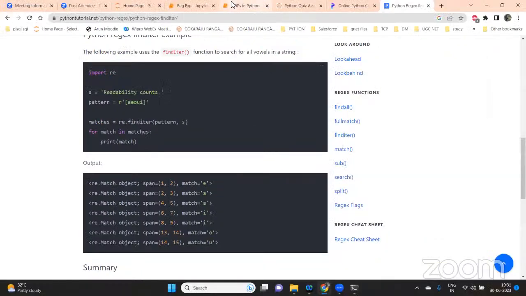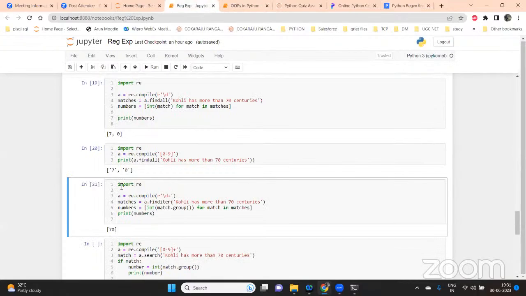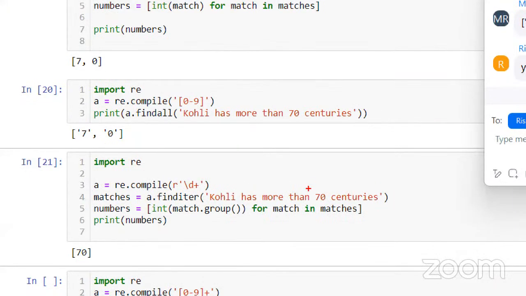So the same concept I have applied here, correct? I want to find out all such instances. This will give me separate values, for example 7 and 0, because 7 is an integer, 0 is also an integer. Now I don't want to print them separately. I want to combine them into a single value. Then what concept are we applying here? Group function.